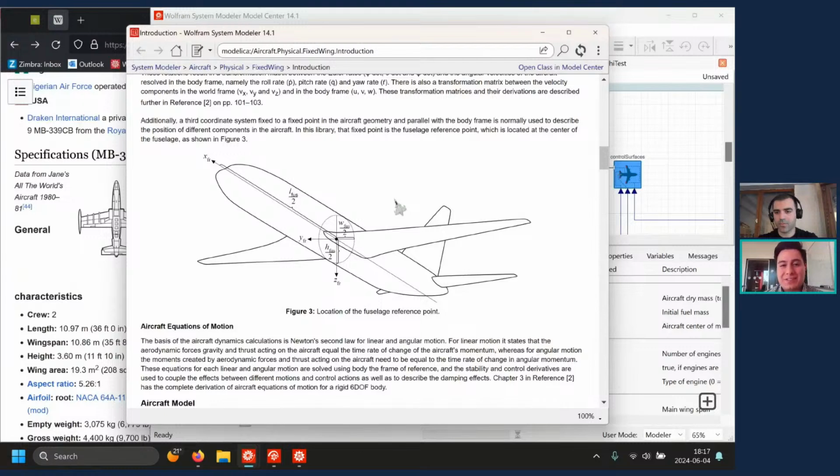So instead of using the center of gravity, we use this thing called the fuselage reference point, which is a point in the middle of the fuselage if it was a cylinder. Usually, with conventional tube and wing airplanes, it's going to be quite close to the center of gravity. And if not, you might have to do some algebra to get it. But that's basically what we have.